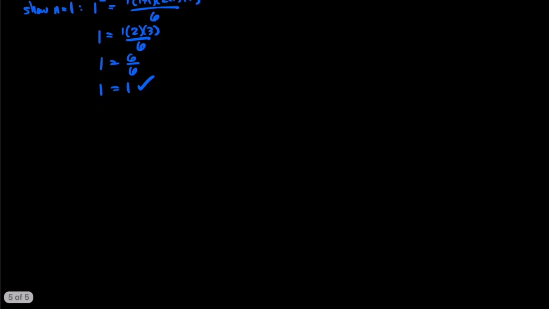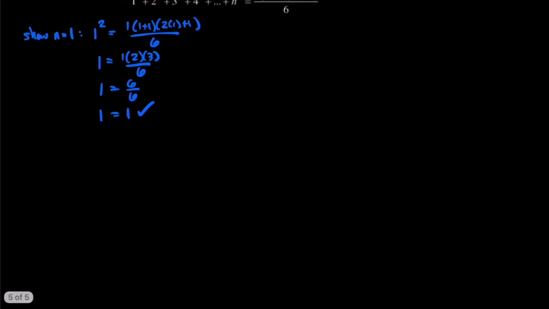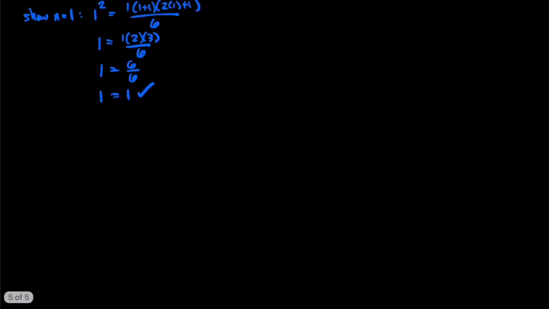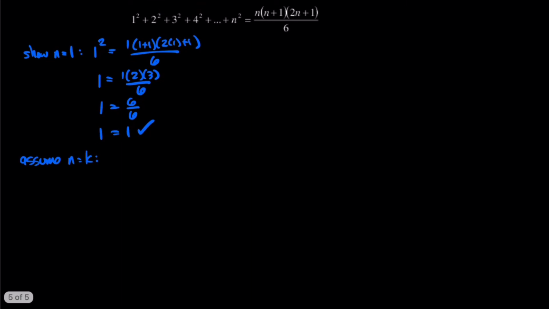Because I might run out of room, I'll do it right underneath here. So assume it works for n equals k. And what we're saying here, I know it might seem kind of silly, but what we're saying is k can be any term in this series. It can be the 10th, it can be the millionth, it can be the billionth. So we're going to assume it works for any term.